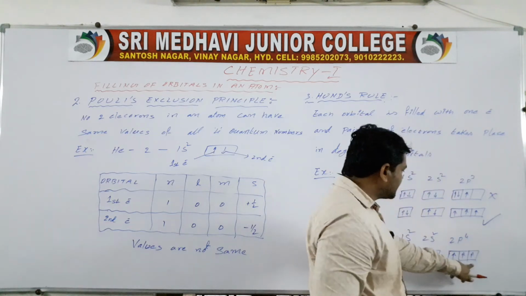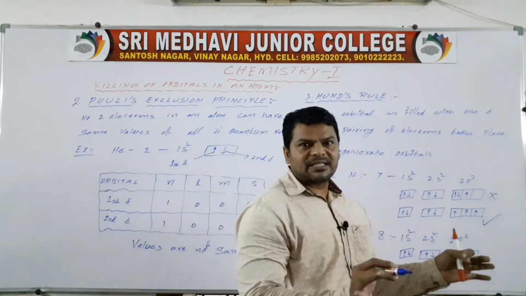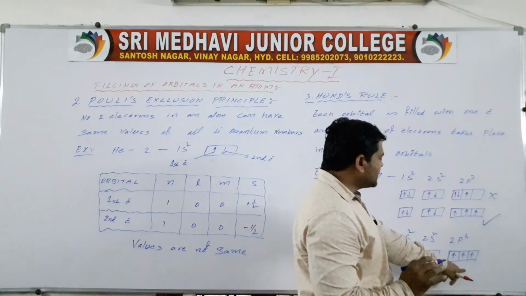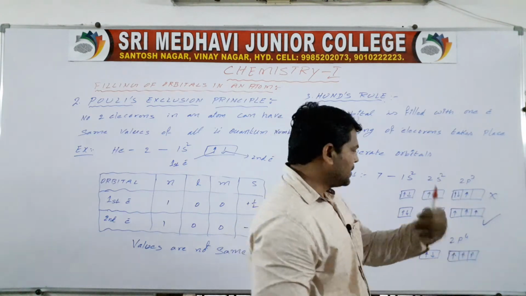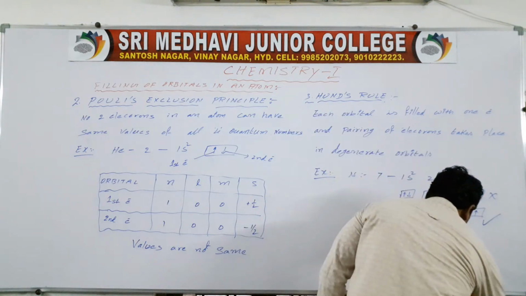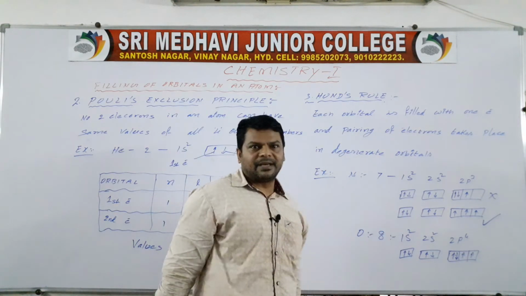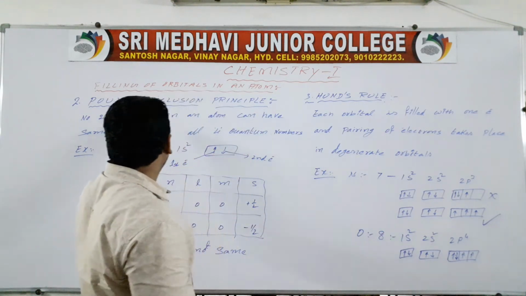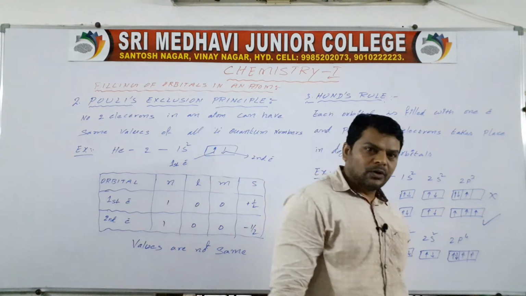These three are degenerate orbitals because they have similar energy. First these three degenerate orbitals are filled with at least one electron, then pairing takes place. This is the way. This is Pauli's exclusion principle, and this is Hund's rule.